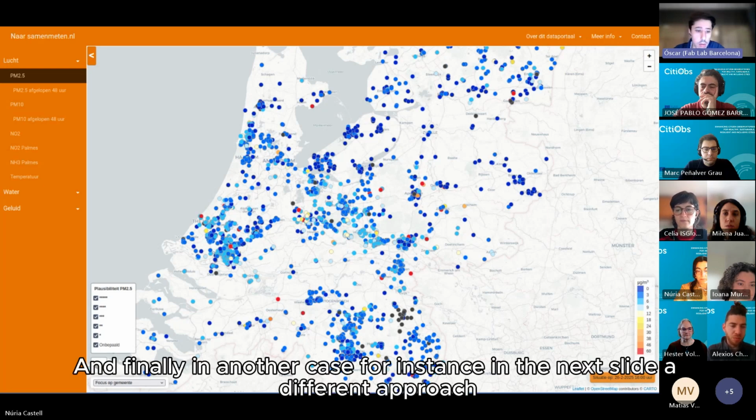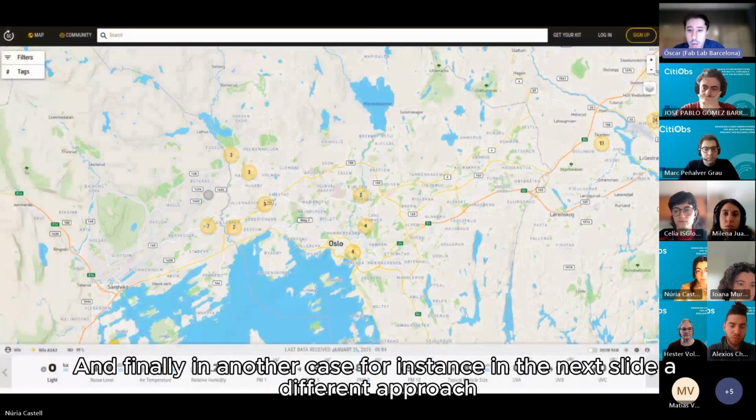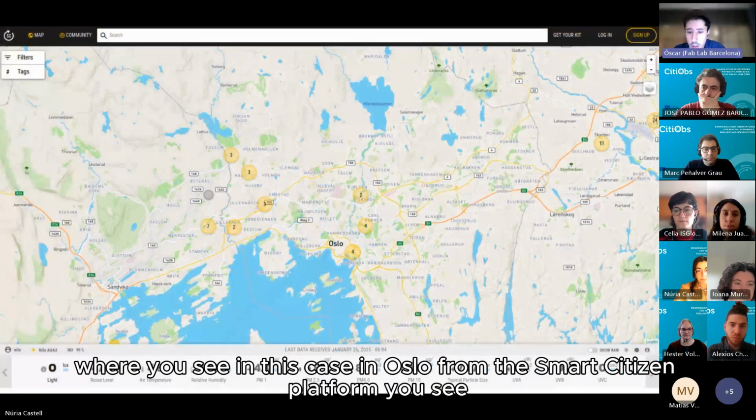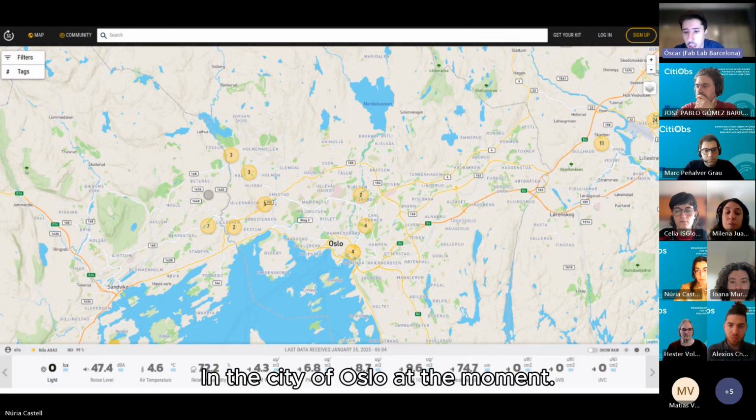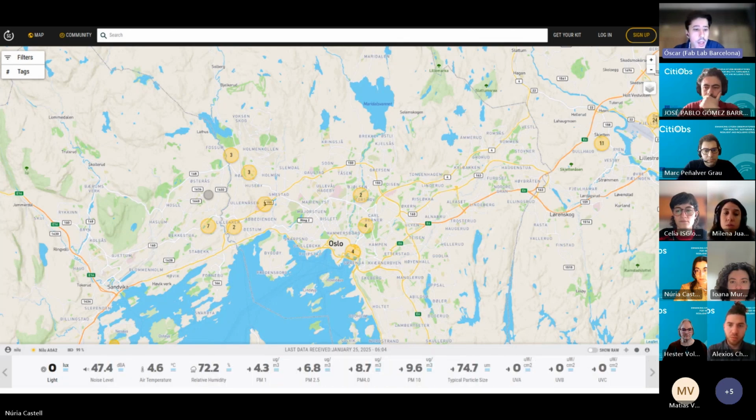And finally, in the next slide, a different approach, in this case in Oslo, from the Smart Citizen platform, where you see some data below and some dots in the map referring to the number of devices that are in the city of Oslo at the moment.